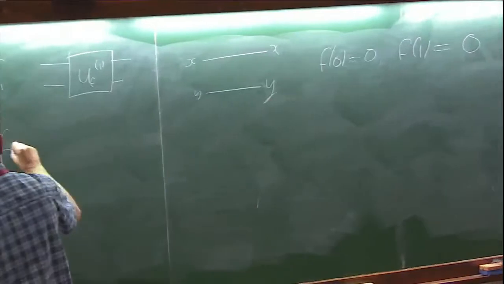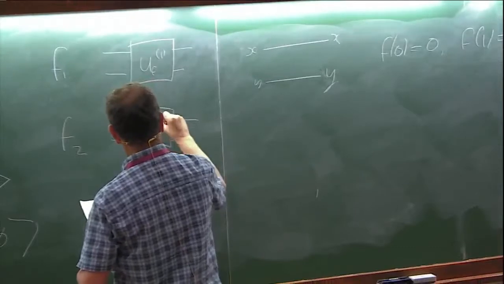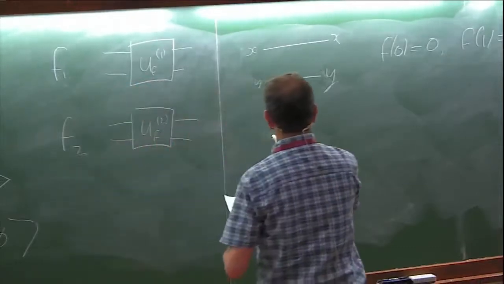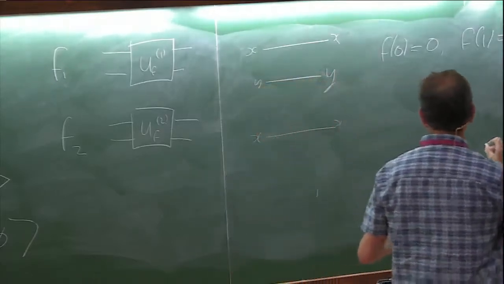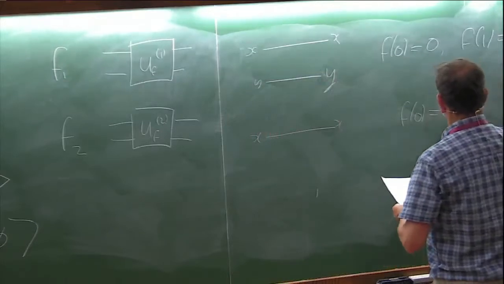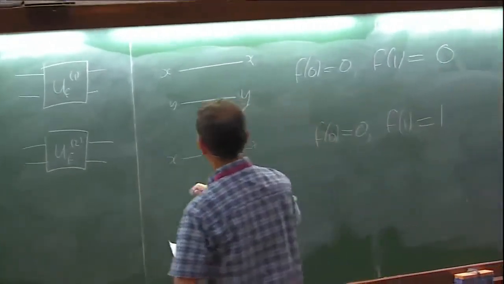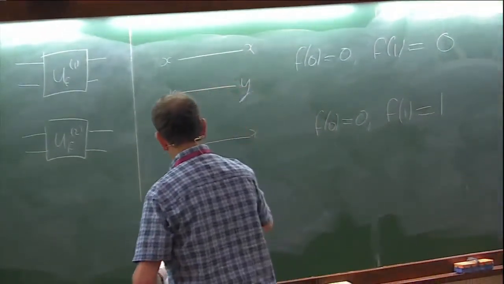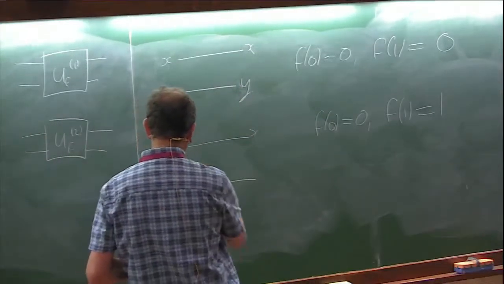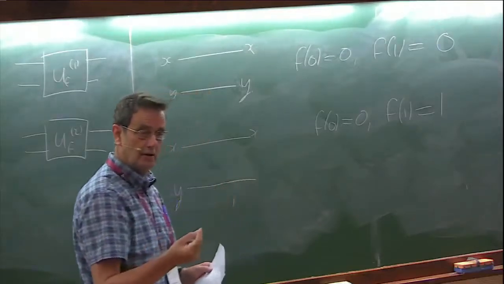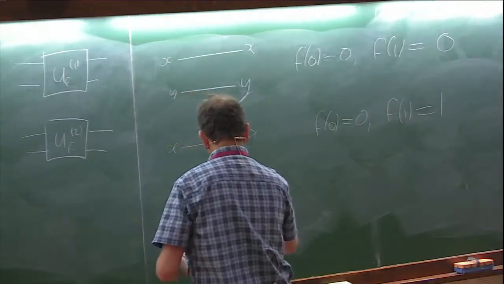Now for F2, x stays the same, but now if x is 1, f of 1 is 1, and therefore y has to flip. So if x is 1 making y flip, that's just our CNOT gate, which I'll write with an X here.